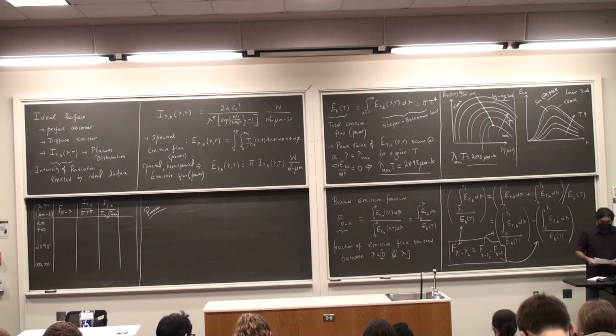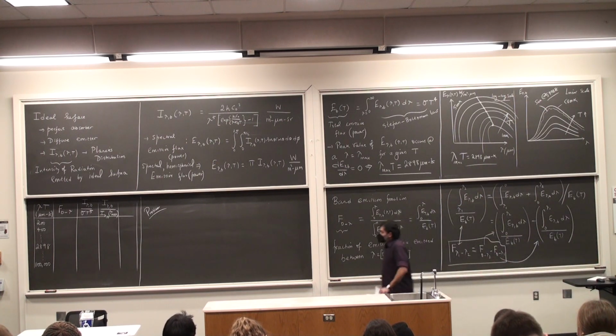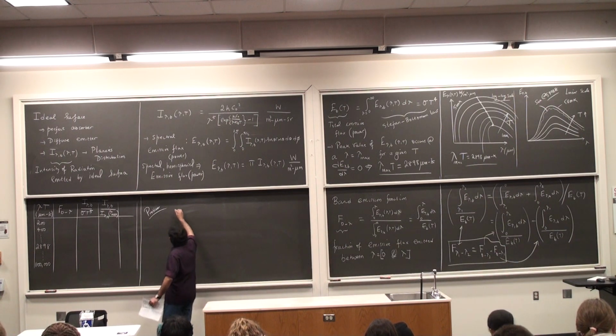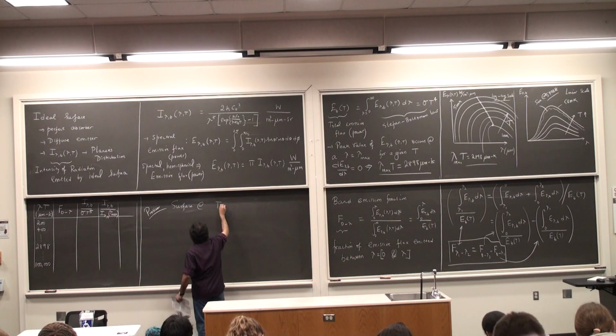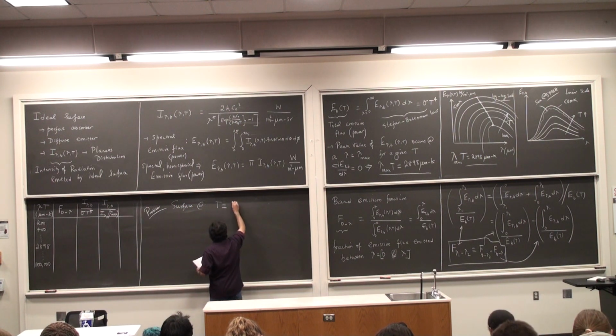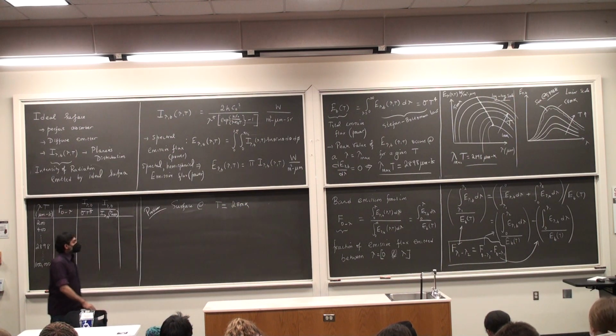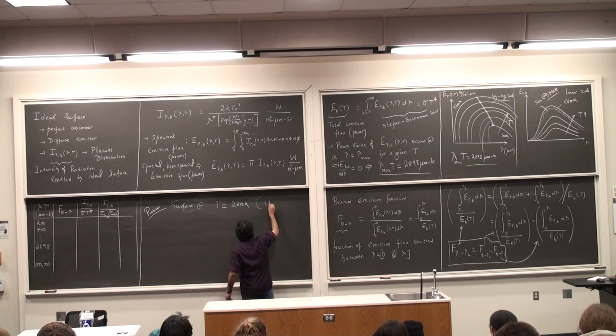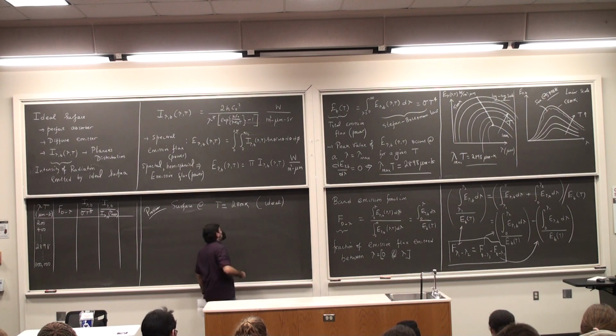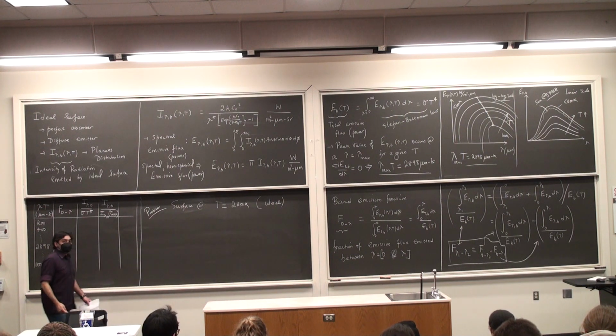So here is the problem. A surface at a temperature of 2800 Kelvin. This is not just any surface, this is an ideal surface. You are asked to do the following.